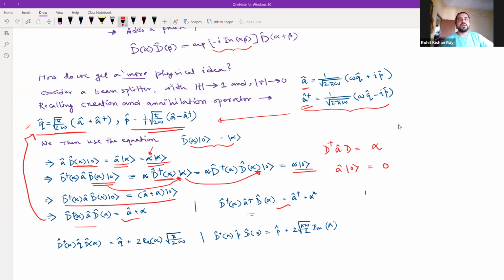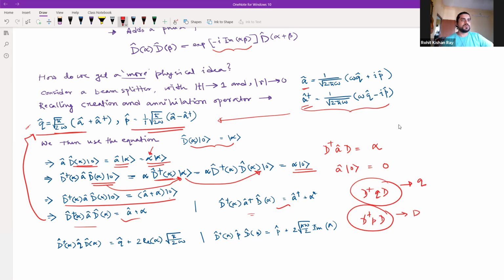We need to find expressions of this form to see how D transforms Q, and we also need expressions of this form to see how the similar operator transforms P. So Q and P we have here through this expression, and we also know the relations for those expressions.